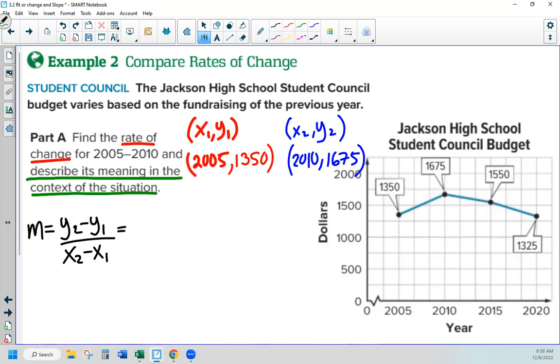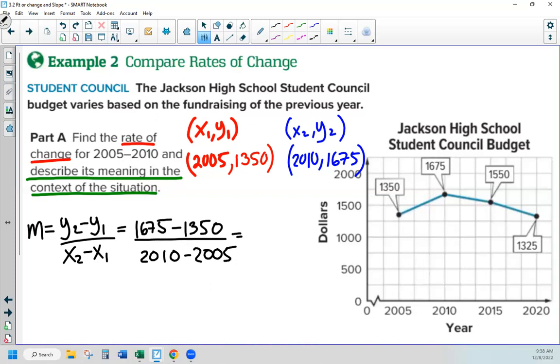We're not just tied up to this exact formula, but if you don't remember what we learned last time, stick to this exact formula. Don't move numbers around. All right, so my Y2 is 1675 minus 1350, which is Y1, divided by my X2 of 2010 minus 2005.